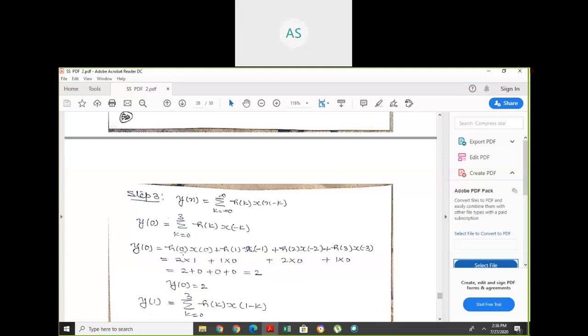We get x of 0, h of 0, x of 0 plus x of 1, x of minus 1, h of 2, x of minus 2, and h of 3, x of minus 2. Substitute all these values and you get the value of y of 0 is 2.